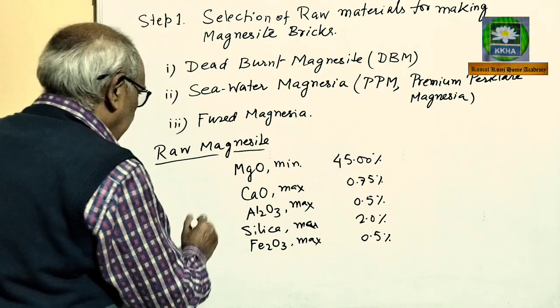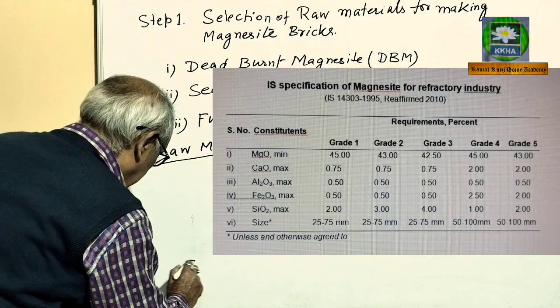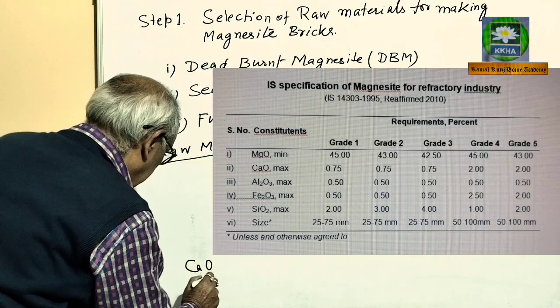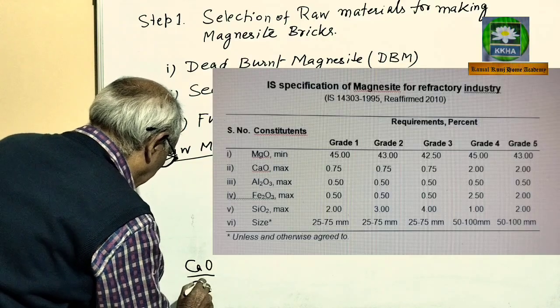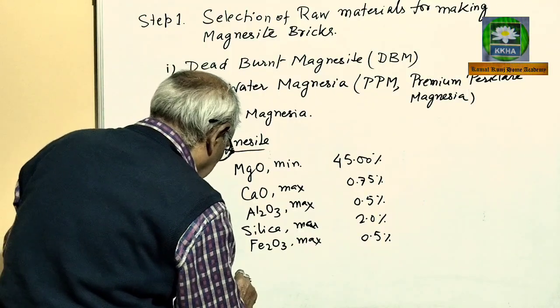Now in magnesite bricks, this ratio, lime silica ratio, CaO to SiO2, plays an important role.